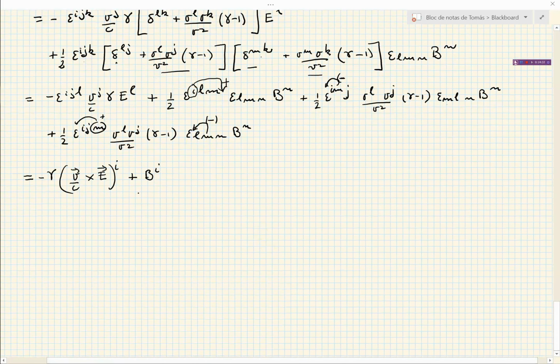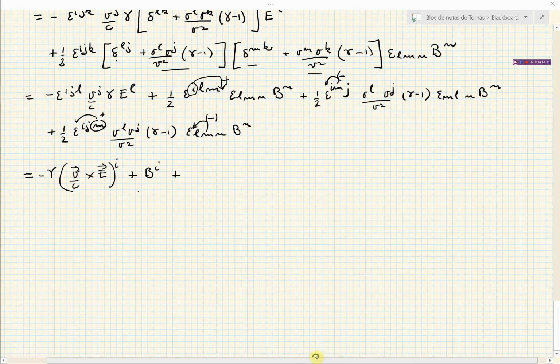So I get two minus signs, and then I get two terms which are identical, so there is a half and a half, so they add up, and then I get epsilon_{mij} epsilon_{mln} V_l V_j divided by V squared (gamma minus 1) V_n.